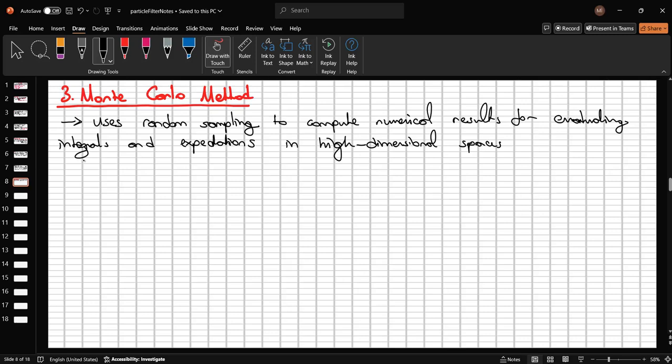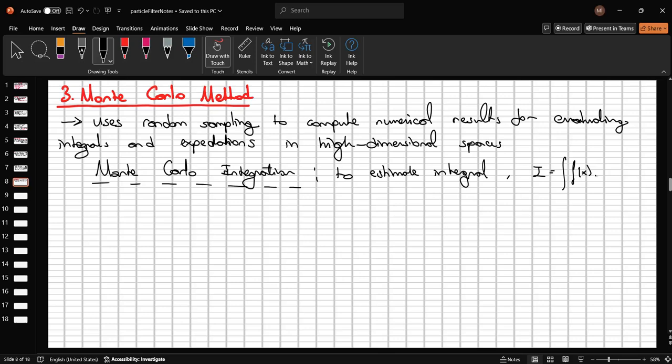What's the meaning of this? In the first place, we need to write the Monte Carlo integral, or integration. In order to understand that, we need to talk about it. Firstly, to estimate the integral, any integral can be considered just like this one, f(x) dx, okay?